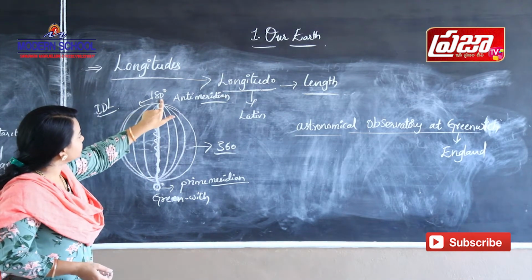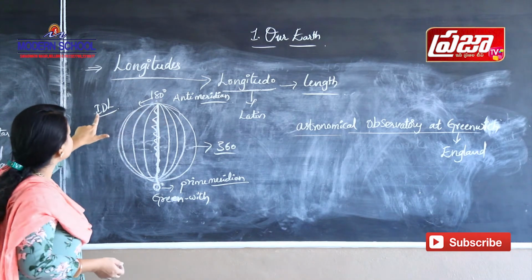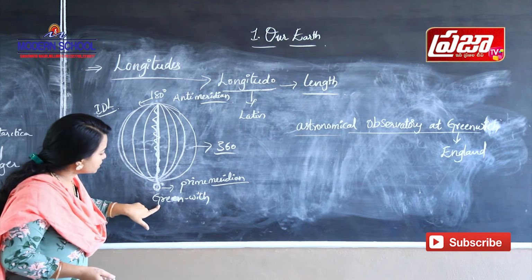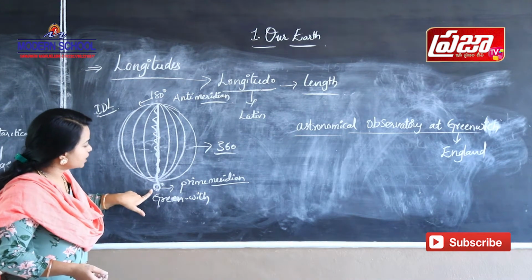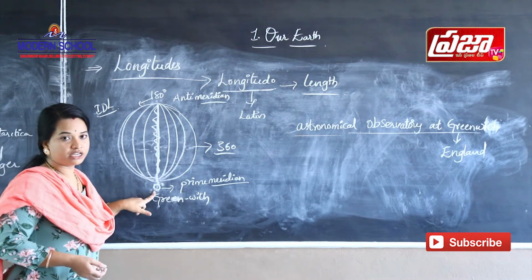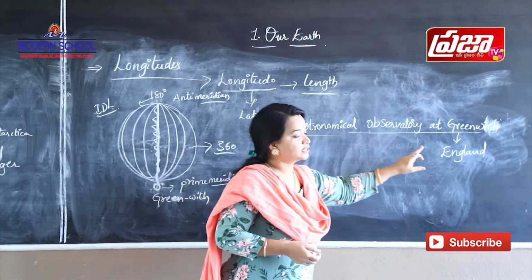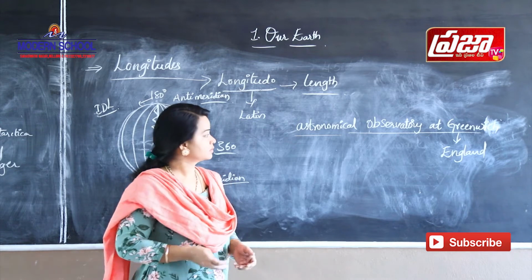So, the 180 degrees longitude has been taken as the international date line, and 0 degrees Greenwich, it is also the 0 degrees prime meridian, and it passes through the astronomical observatory at Greenwich, England.